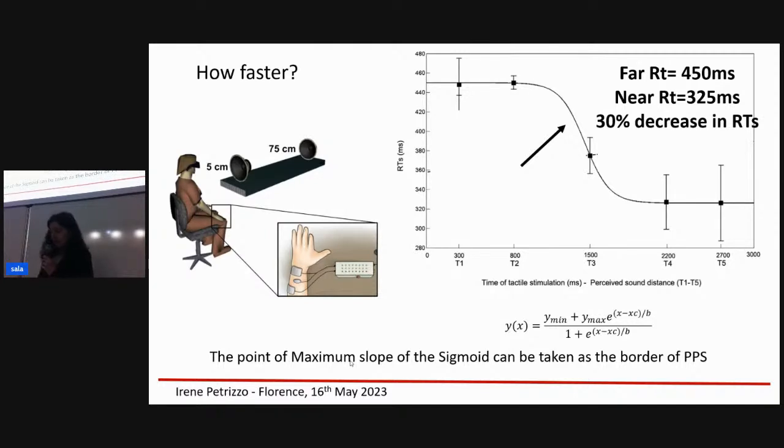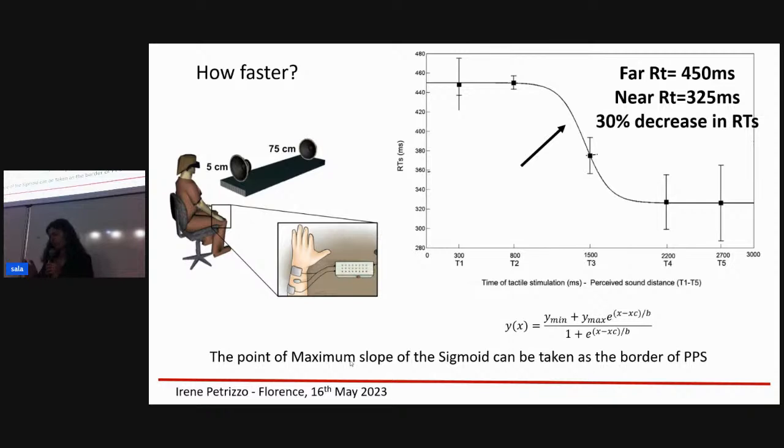And you can see on the right that on the x-axis, there is the time starting from audio onset, so when the auditory stimulus was far away, and going on until it gets closer. And as you can see, when the vibration is delivered when the sound is far away, people are on average slower, and then as the audio stimulus approaches, they are faster in signaling the vibration.